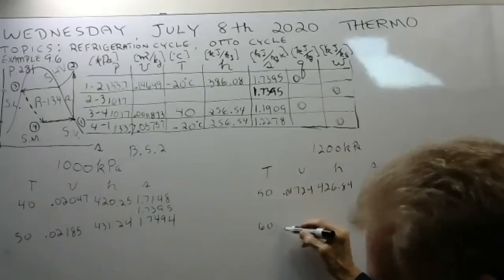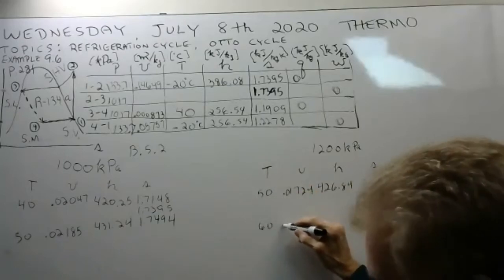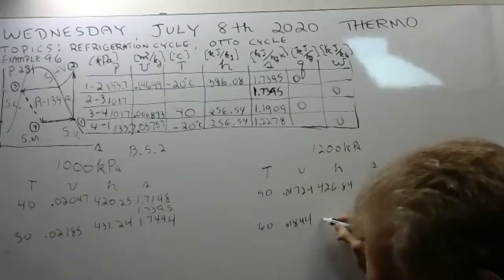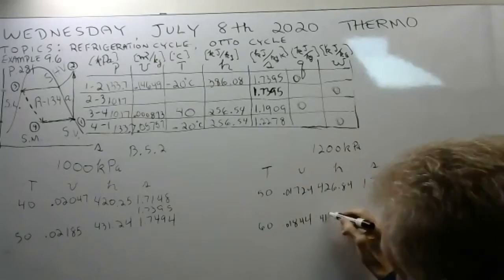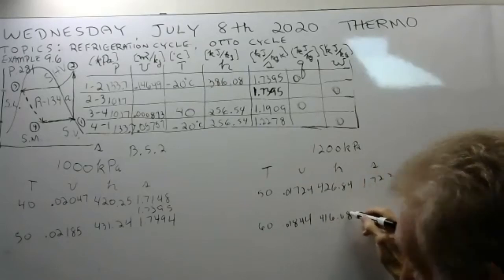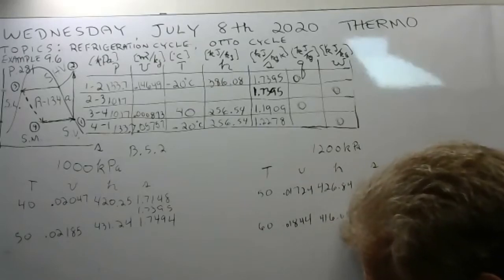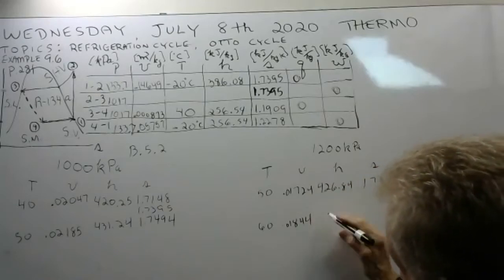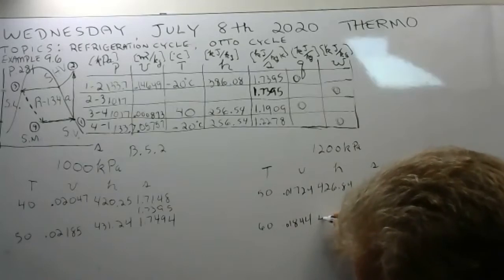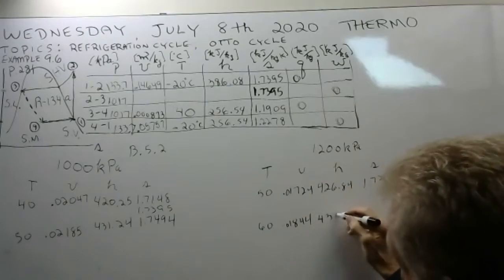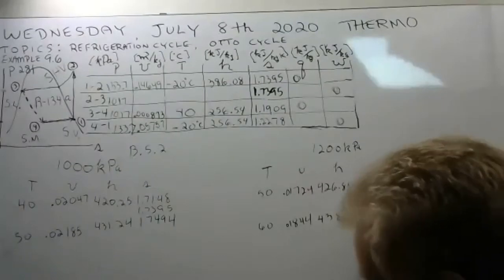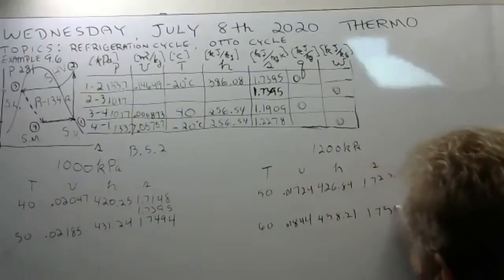And then at 60, we have 0.01844, 41608. Wrong number. I wrote down the U. You need the H. 43821 and 1.7584.